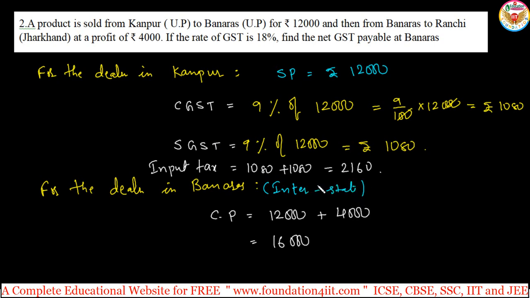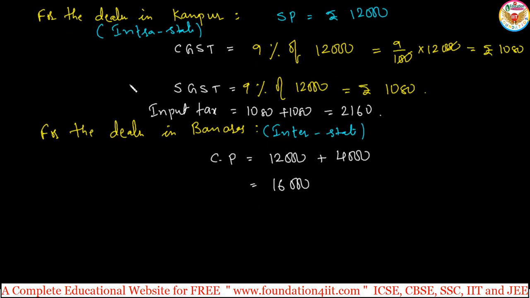Because of interstate we don't have central tax and state tax. That is intra-state, within the same state only you have to go for central and state. From one state to another state, only integrated GST, IGST, so remember that.